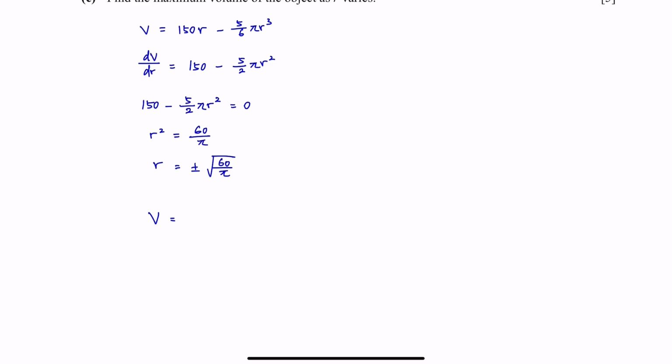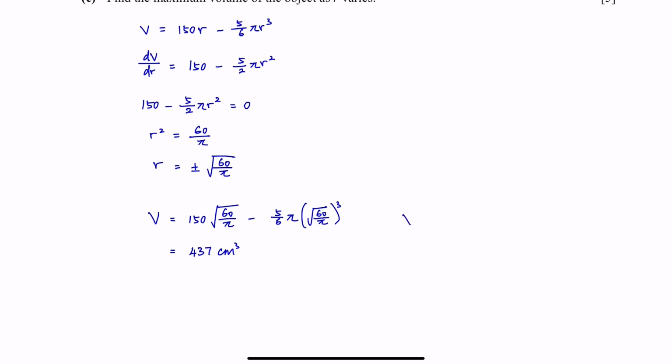For r equals positive square root of 60 over pi, we have 150 times the square root of 60 over pi minus 5 over 6 pi times the square root of 60 over pi, cubed. So this would give us 437 cm cubed.